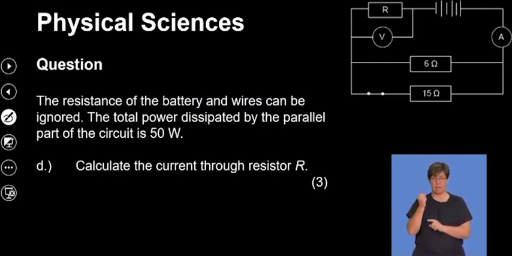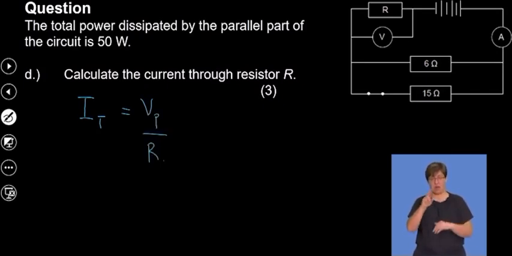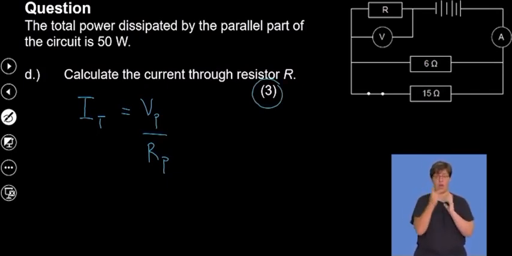If we can find the total current in the parallel combination, it's exactly equal to the current that passes through R. So the total current, which is the main current, is equal to V parallel divided by R parallel. Because it's a 3-mark type of question, it's the formula, which is Ohm's law, the substitution, and then the correct answer. So the total current is the current that passes through R.